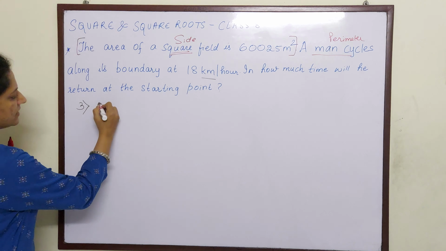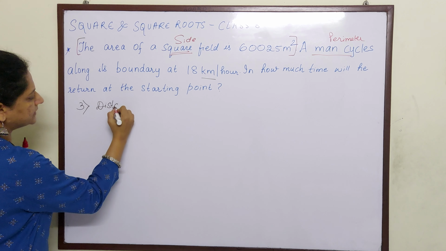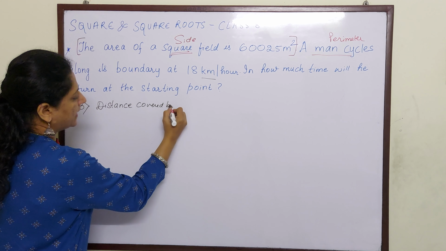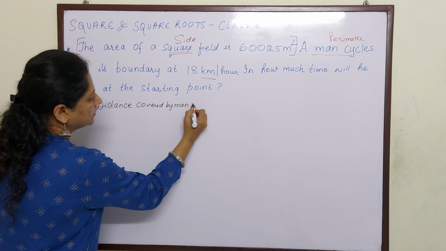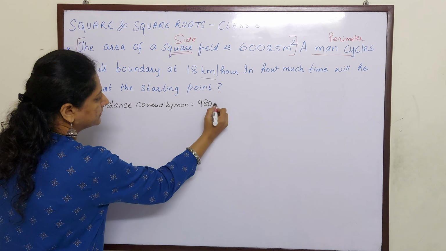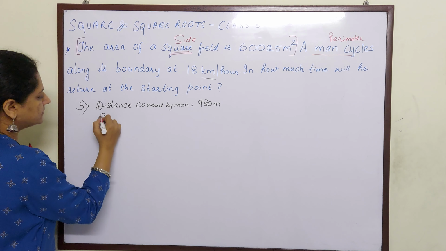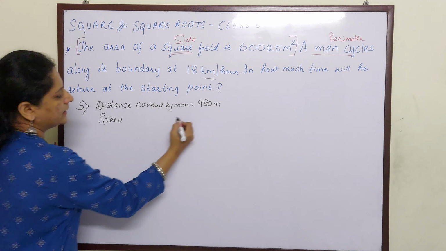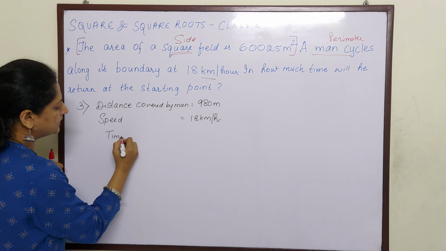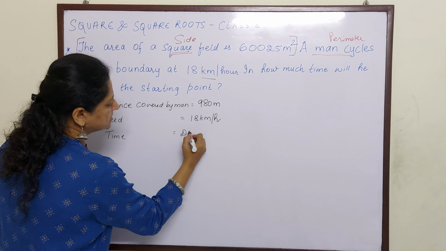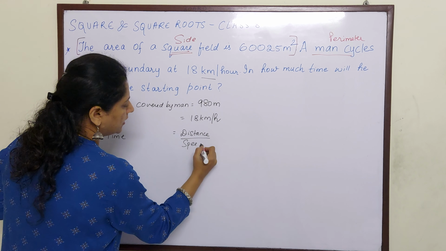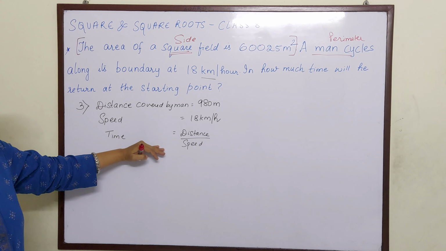Distance covered is nothing but the perimeter, so the distance covered by the man is 980 meter, and the speed is 18 km per hour. The formula to find time is time is equal to distance by speed.